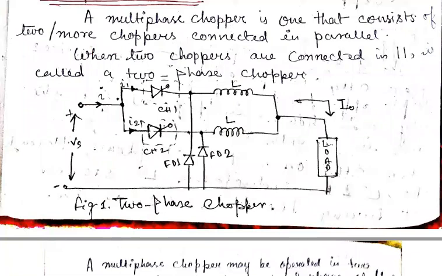In the phase shifted operation mode, different choppers are turned on and off at different instants of time. From the graph we can easily see this.